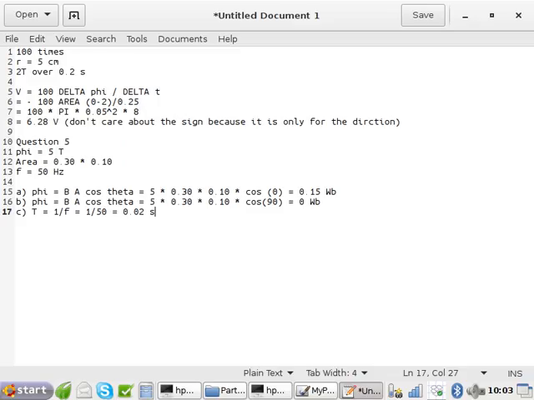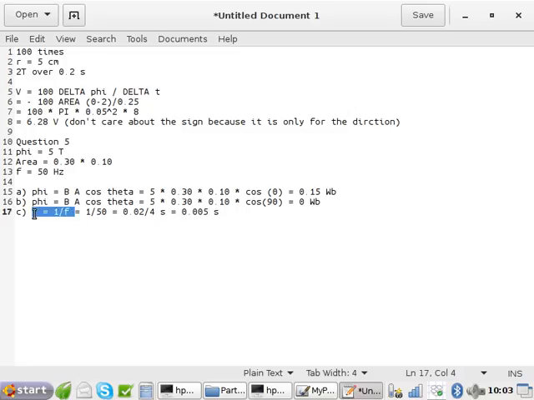A quarter, yeah, because it goes from this position to this position. Here and here. It's a quarter, yes. So it's a quarter of the time. So divide by 4. 0.005 seconds is the answer.